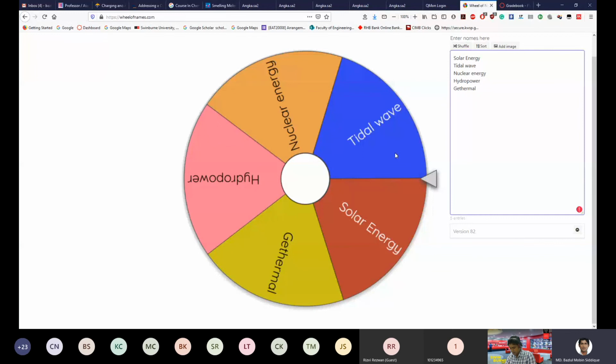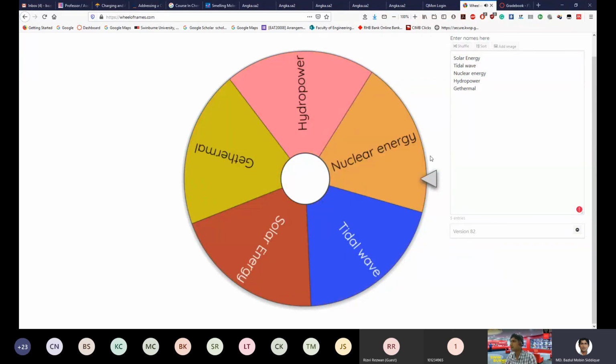All right, now I'm going for, already 3 done. The 4th is group 1.